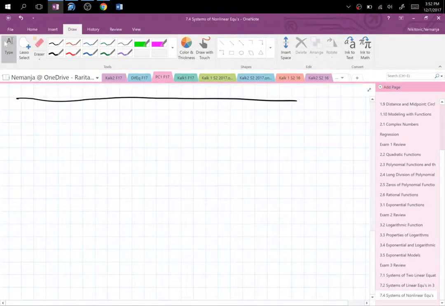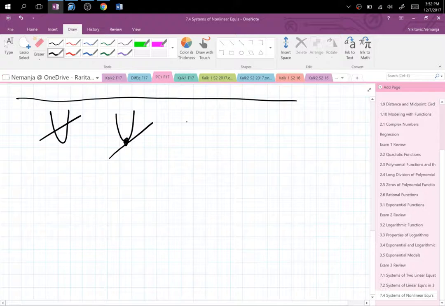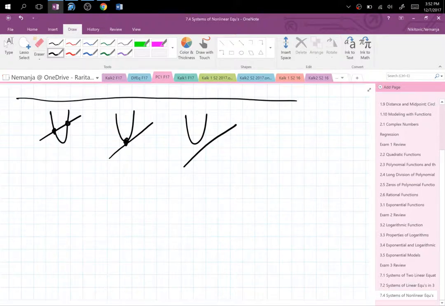So if you intersect a parabola with a line, you can get 2 solutions, you can get 1 solution, and you can get no solution, right? These are the only possibilities to intersect a line with the parabola, and these are the only situations that could arise.